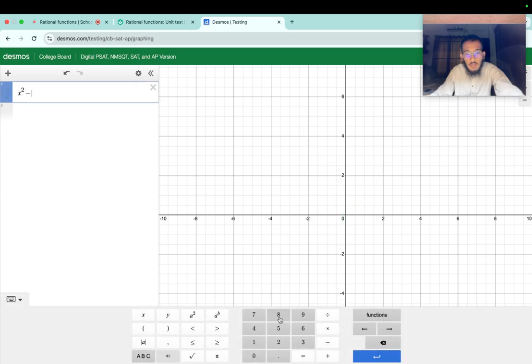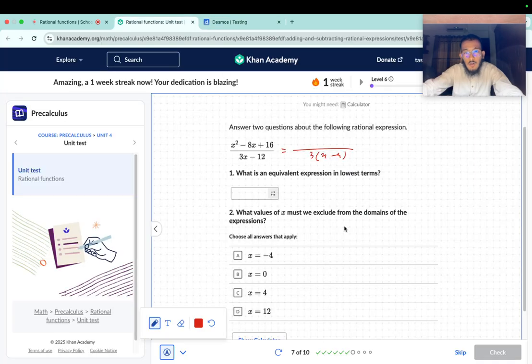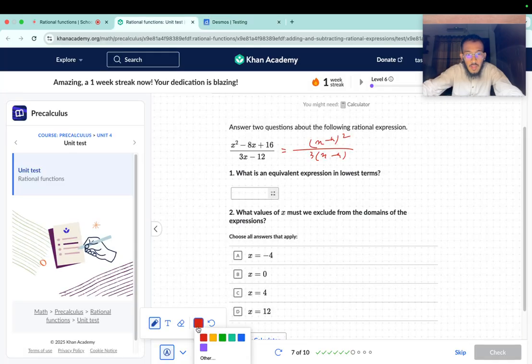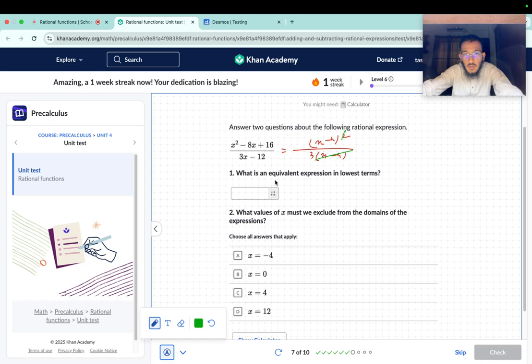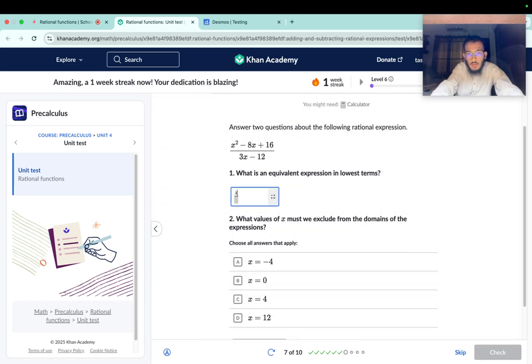When factored, x squared negative 8x plus 16, we get x minus 4 whole squared. And we can cancel this out. So this equivalent expression will be x minus 4 over 3. Let's see. x minus 4 over 3.